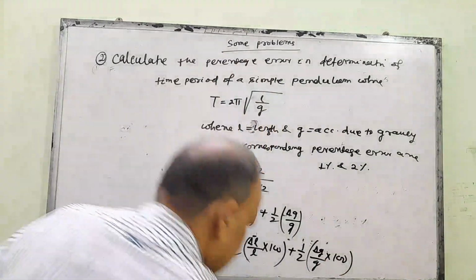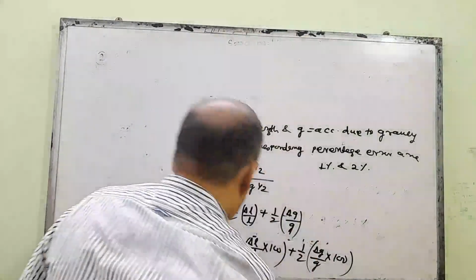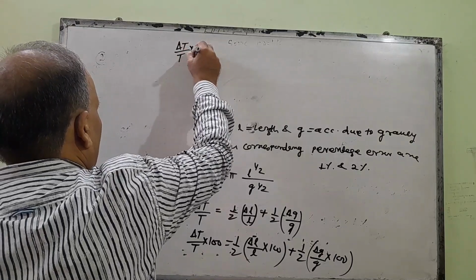So we can write delta T by T into 100, we have to calculate it.